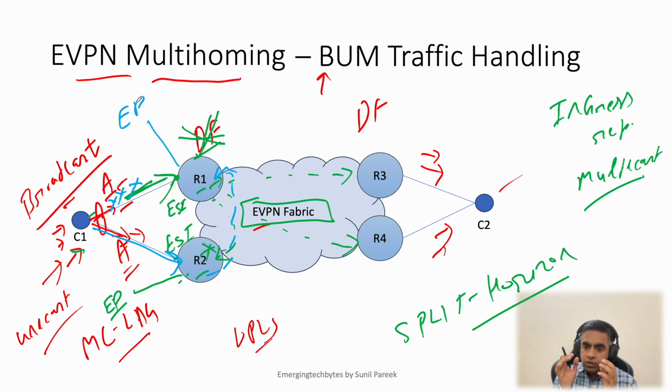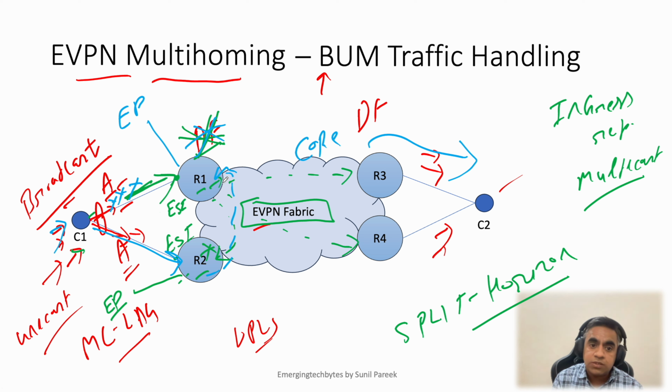So the key point that I wanted to demystify in this video, one common confusion, is that when the traffic comes from the end host, there is no role of this DF. DF only comes into the picture when the traffic is coming from the EVPN core and going towards the end host.